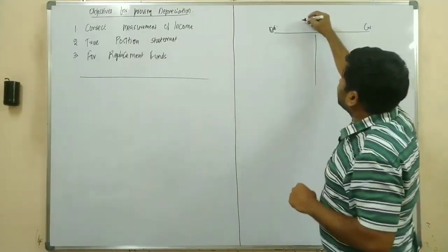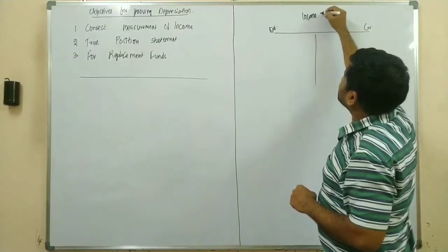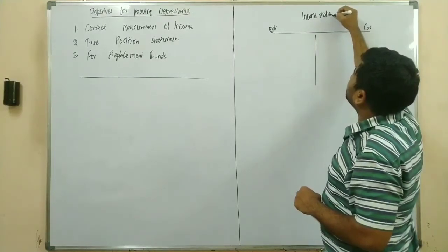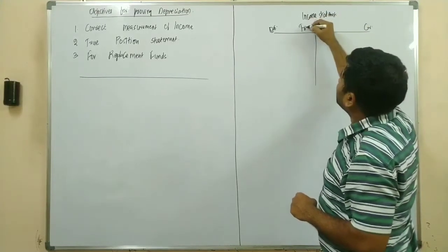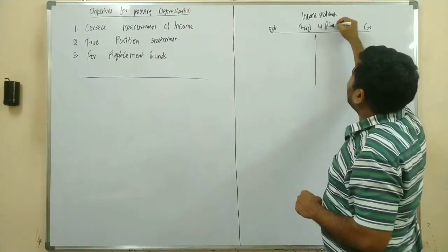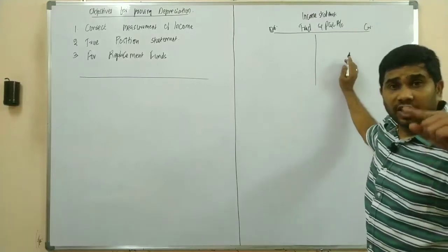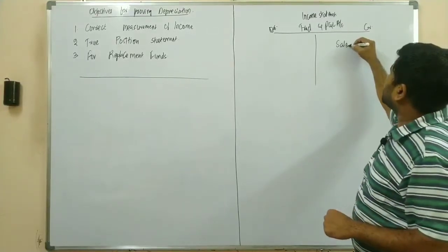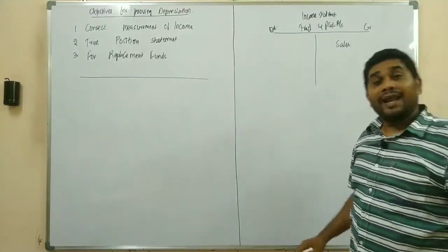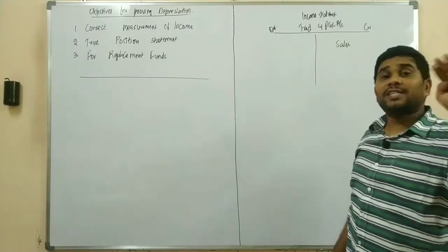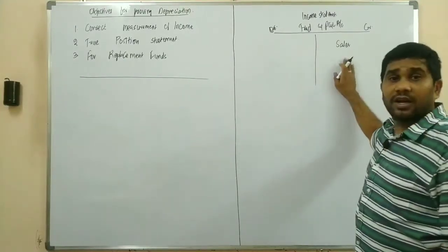should match. So in that case, in our income statement, what is the meaning of income statement? The income statements are nothing but your trading and P&L accounts. So in our trading and P&L accounts, as we are recording our sales on the credit side, and as per the matching concept, the expenses should match with the revenue.